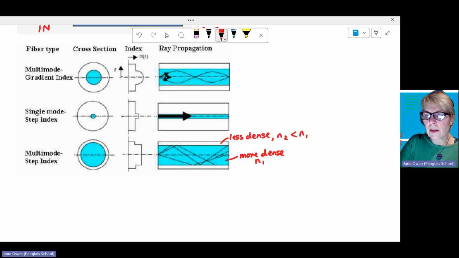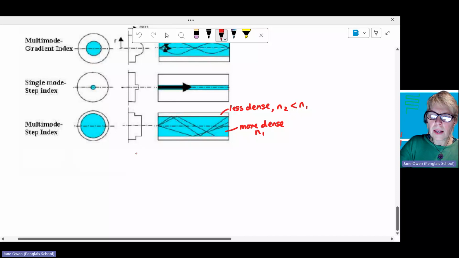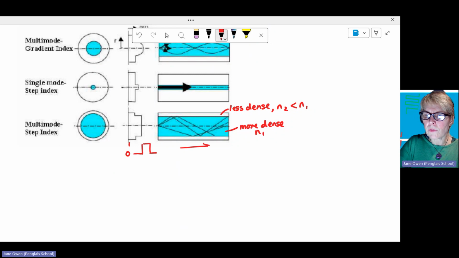But the problem is it can go in at slightly different angles and take slightly different paths. So the signal going in, although it went in as a nice 0-1, as it travels along gets dispersed. The peak drops down and the pulse broadens out.